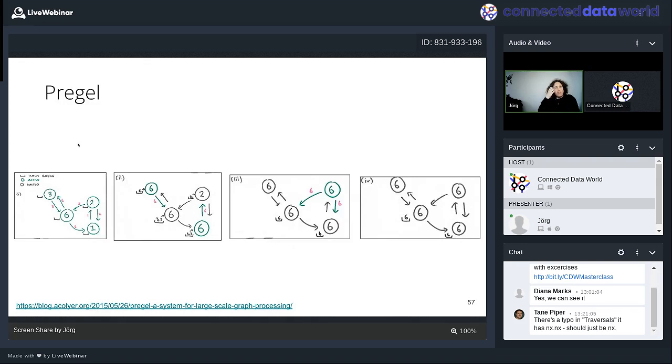Let's try to find the maximum number in our graph here. At the beginning, all our nodes are active, and so what we do is send our own value to all our neighboring nodes. So here, 6 is sending 6 over here. Here, 3 is sending 3 here, and so on.